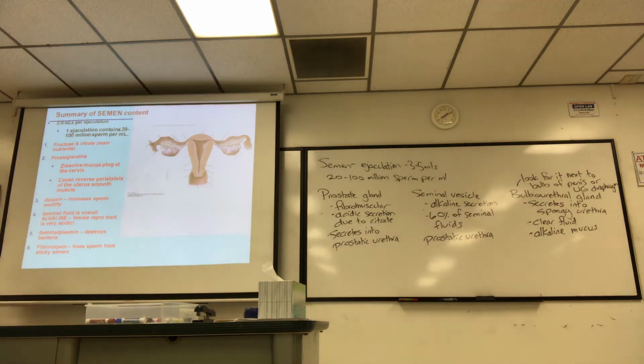Okay. There's a relaxant to increase sperm motility. I mentioned all the alkaline fluids. There's a seminal plasmin to destroy bacteria. And there's a fibrinolysis, so it frees the sperm from semen, which is sticky, to help fertilize the egg when it gets close.